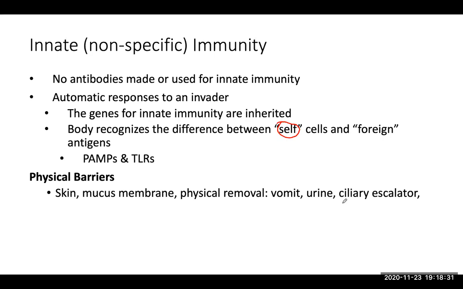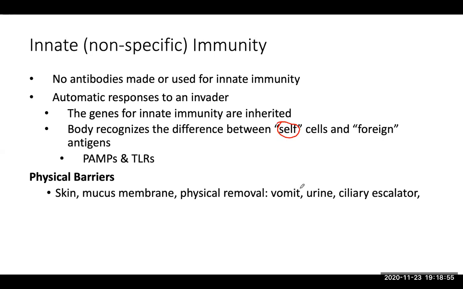It's about a liter of mucus every day that we produce, and the majority of that's going to be in the lungs. But of course, your nose, your mouth, your eyes, and your reproductive organs and such. Okay. Of course, vomiting would be a physical removal.